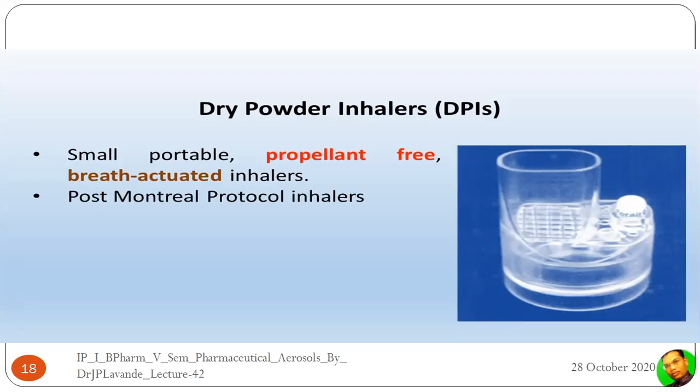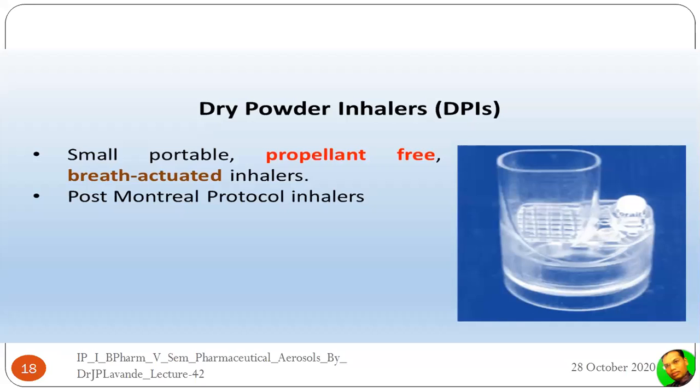Generally these inhalers are used in the treatment of the lower respiratory tract, like the lungs, right? Now how do we carry the powder of therapeutic activity to the lungs? In order to carry it, there is a breath activation system. That means when we are using it, we have to inhale.